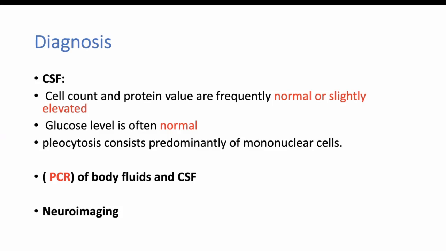In neuroimaging for herpes simplex virus, what will you see with EEG or MRI? MRI will show leptomeningeal enhancement. In which area of the brain?